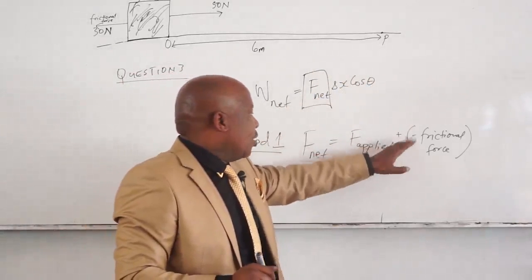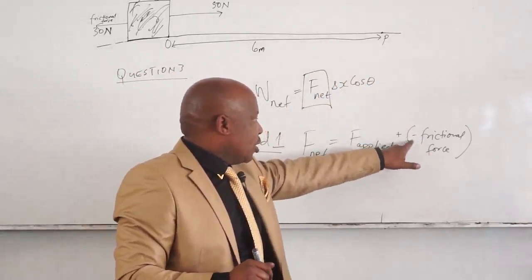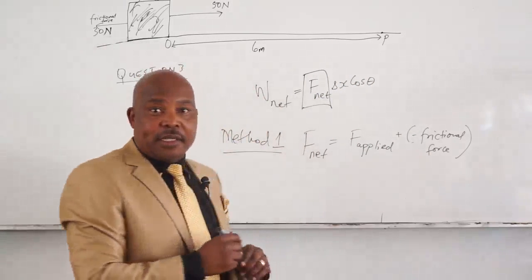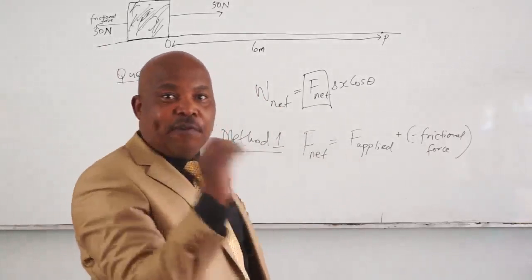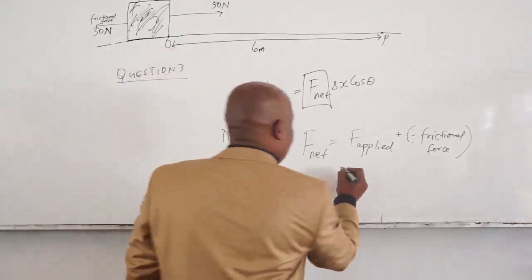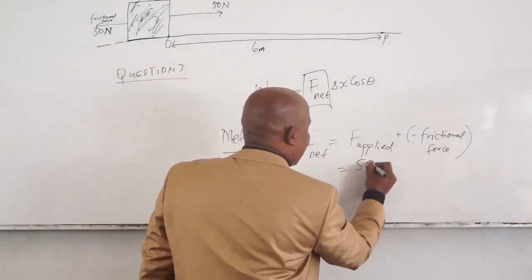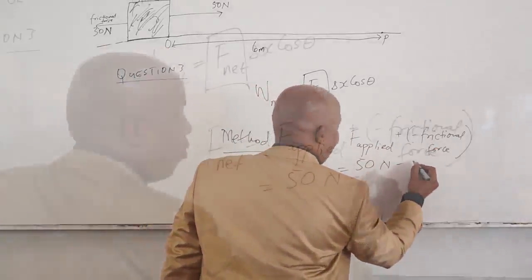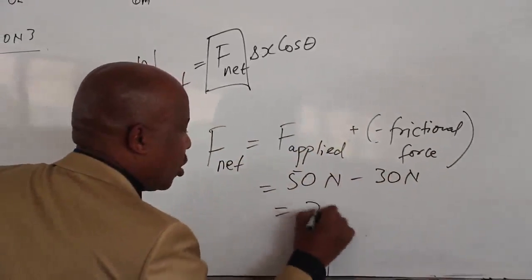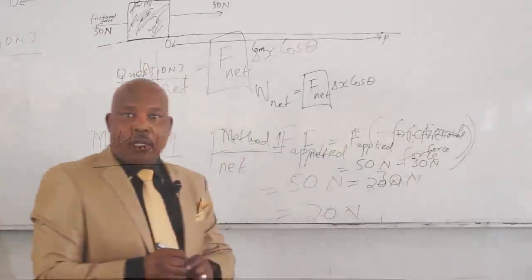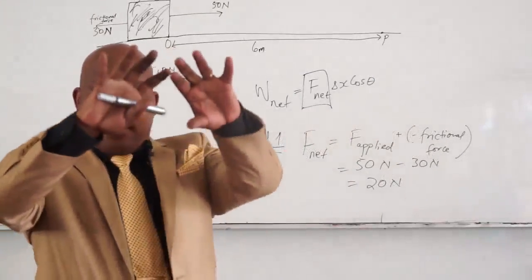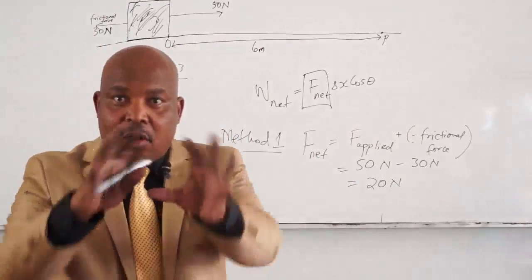The plus minus means frictional force is opposite direction. That is 30 Newton. So the frictional force is 30. Now let's substitute. F applied is 50 Newton minus frictional force is 30 Newton, which is equal to 20 Newton. So 20 Newton is the F net on the box.